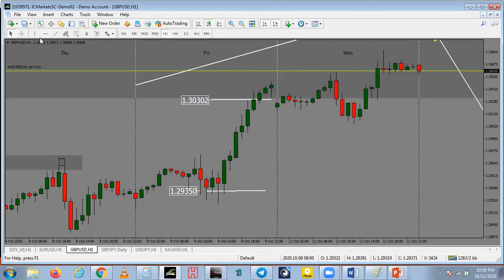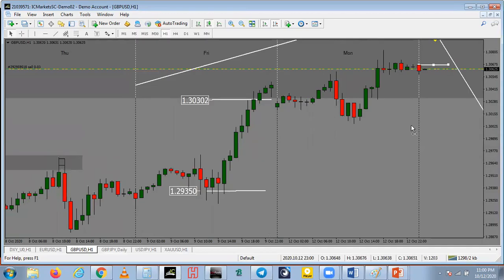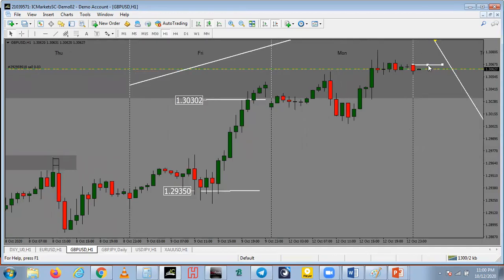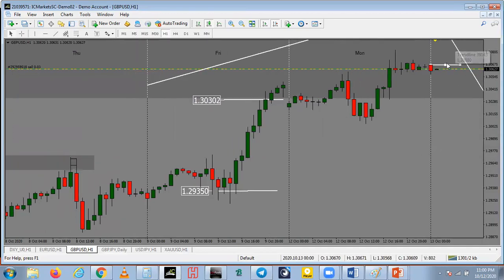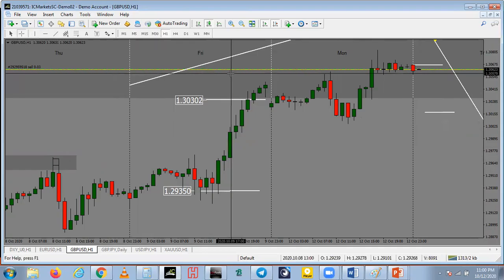So since we entered here for a sell, we're running out of time. Come on, come on. Okay, let's imagine we want to come out here. We want to exit our price here because there's a reason why we want to exit at that price. So that will be from our entry here.